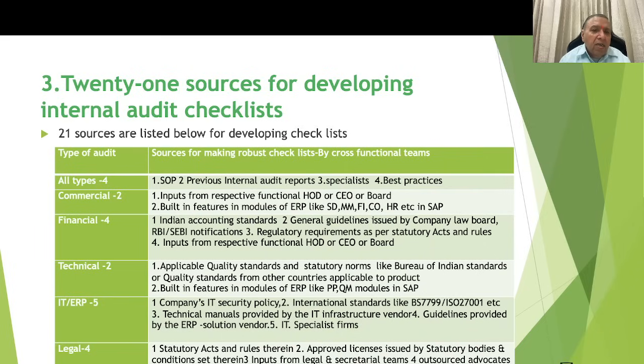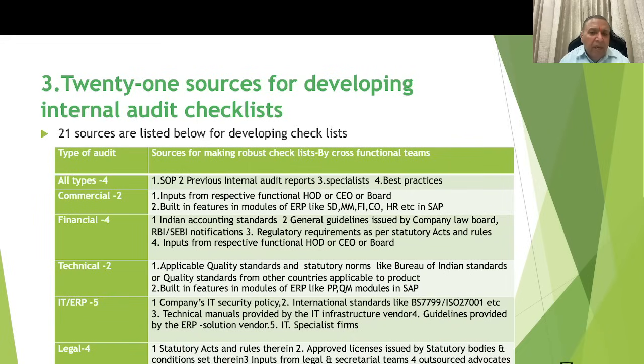Commercial audits: inputs from the respective HOD or CEO or the board, then built-in features in the modules of ERP like SAP, SD sales distribution module, materials management module, finance module, HR module, etc. Then financial audits: the inputs can be obtained for developing the checklist from Indian Accounting Standards, general guidelines issued by the Company Law Board, RBI and SEBI notifications, regulatory requirements as per the statutory acts and rules, and inputs from the respective function HOD or CEO or the board.